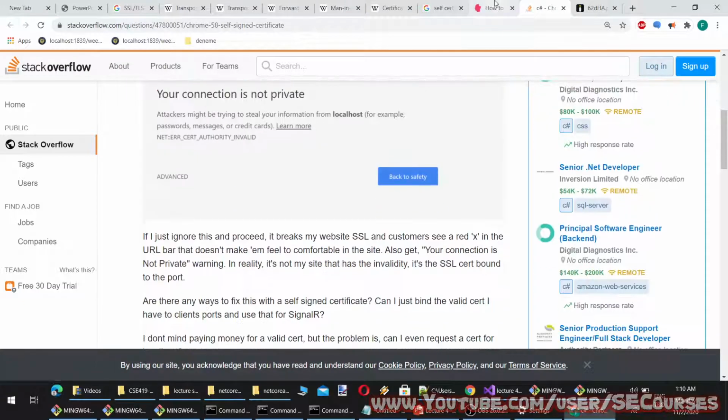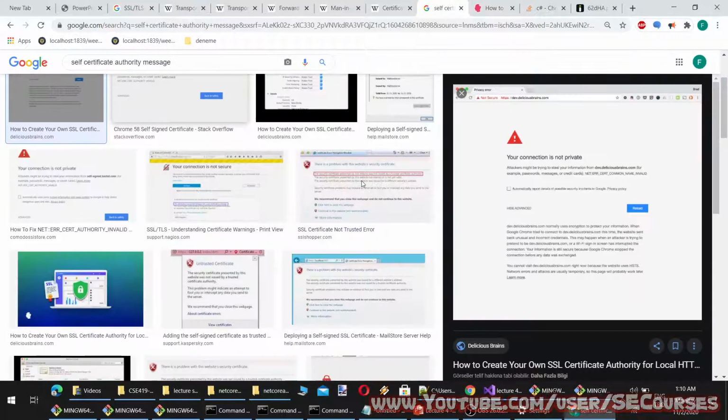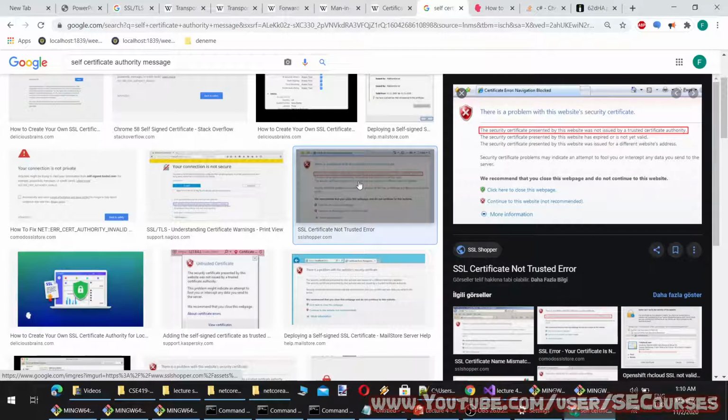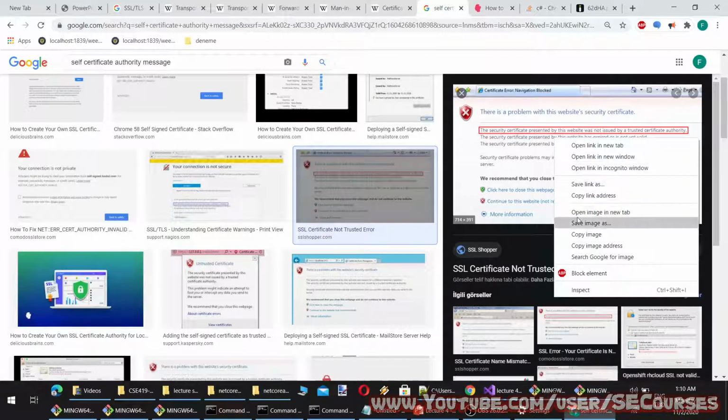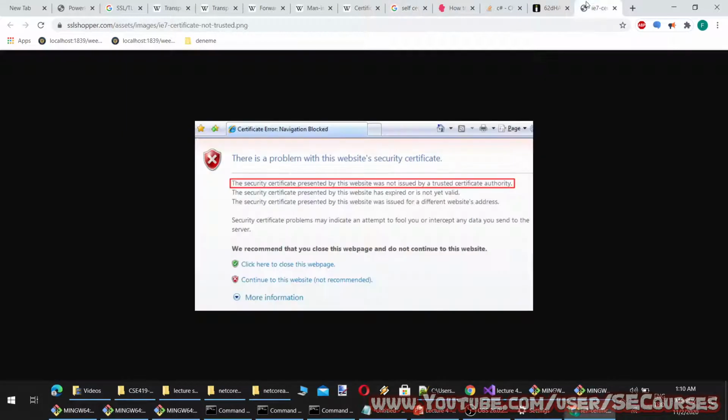Okay, this is also a good example. The security certificate presented by this website was not issued by a trusted certificate authority. You see, the browser checks whether your certificate was issued by a trusted or by a not trusted authority.